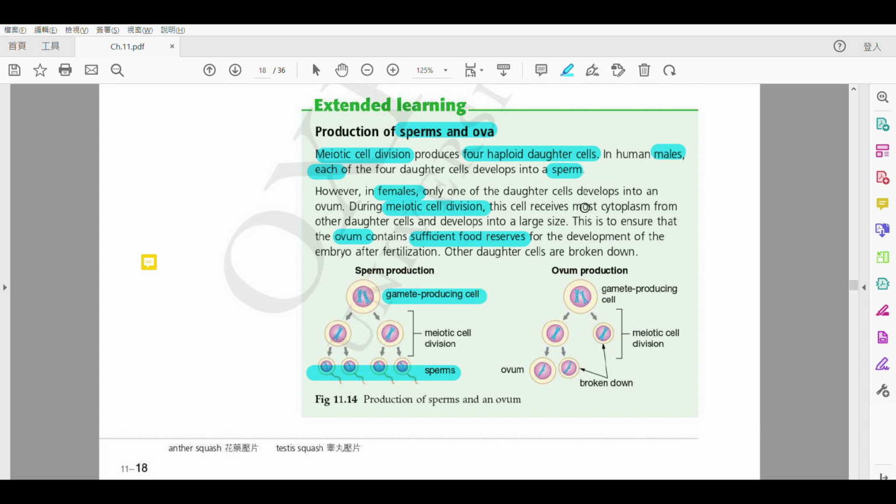佢不斷去攞盡量越多 cytoplasm 越好啦。Okay, so it received the most cytoplasm from other cells，從而 develop 一個 large size.